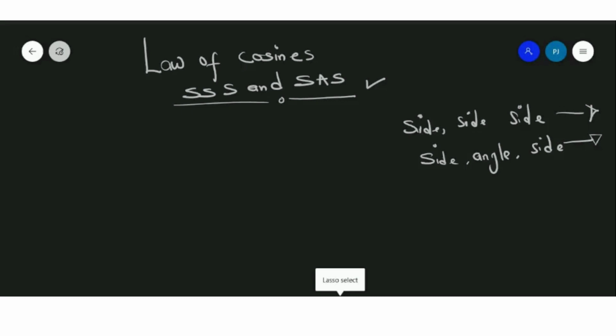I'll show you guys quickly an example, and hopefully we can draw already. I'll try to explain why we cannot use this for the sine rule and why it is restricted to the cosine rule.